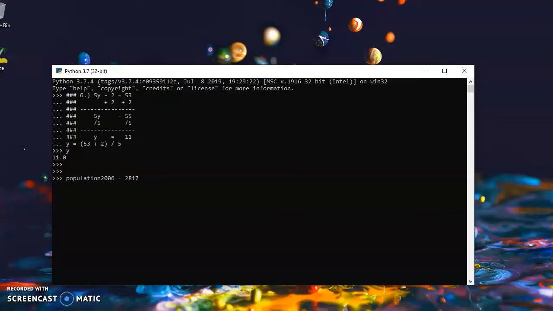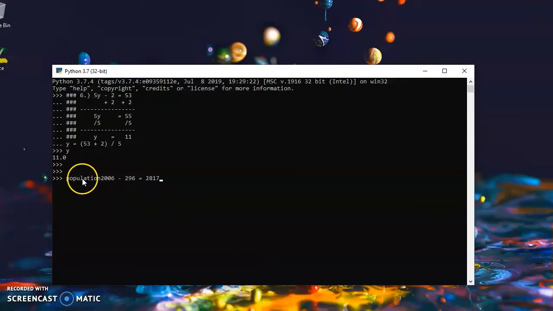So we know 2,817 is a little smaller than the population in 2006. So to get back from the 2007 population to the 2006 population, we need to add that number. Right? Because as they gave the problem, that's kind of saying population 2006 minus 296 equals 2,817.